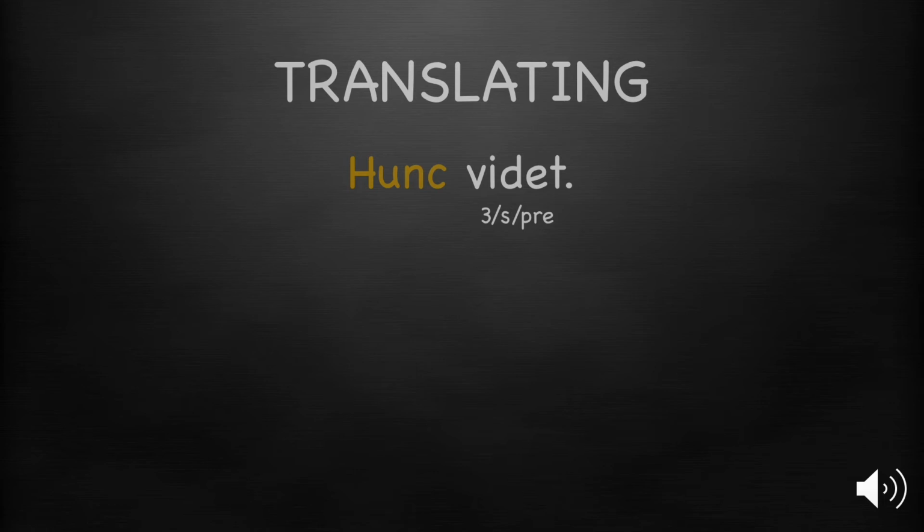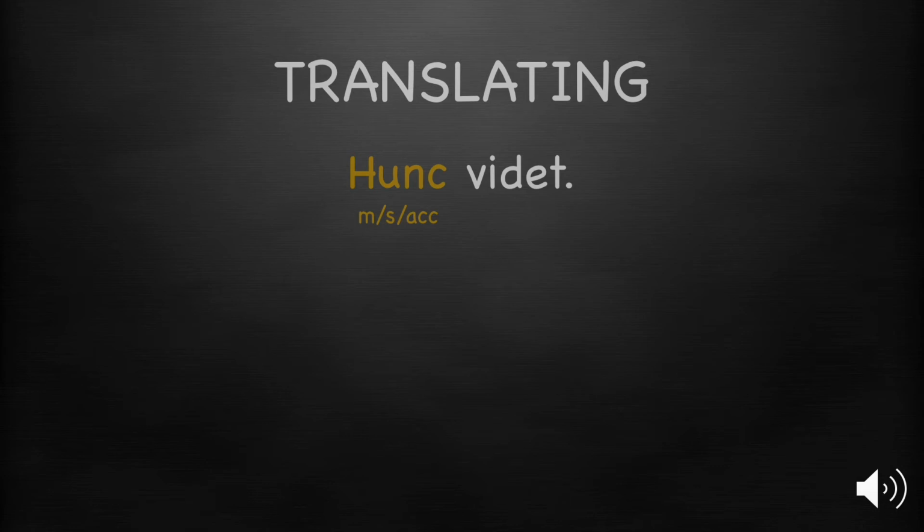Our next step is always to parse all the other words that can be parsed. Nouns, adjectives, pronouns, and now we're going to throw demonstratives into the mix. We parse all of those before we label them. So, as we parse hunc by looking at our chant and hopefully eventually by having it memorized, we notice that hunc is masculine, singular, and accusative.